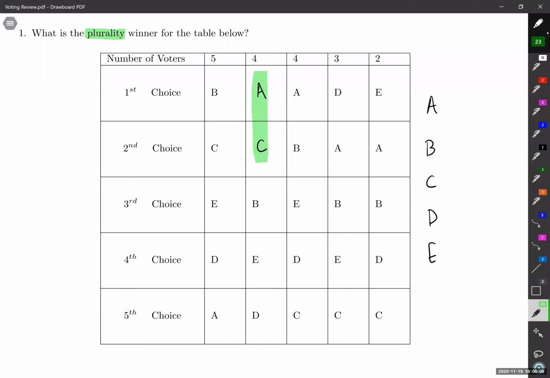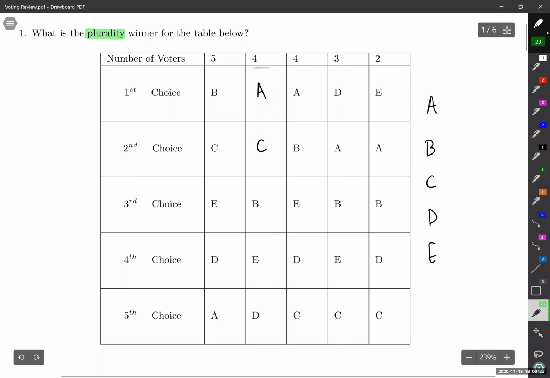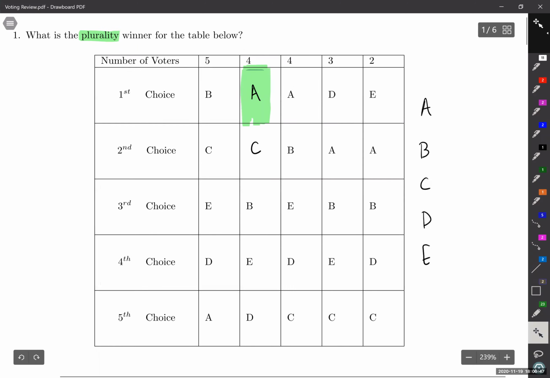Now, why don't we all send our answers in the chat? And I've highlighted the only change portion. I'll zoom in if it's easier for people to see.